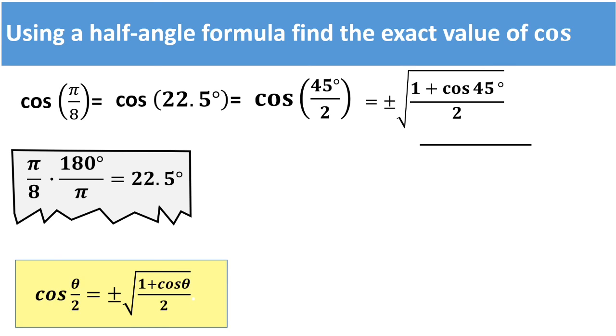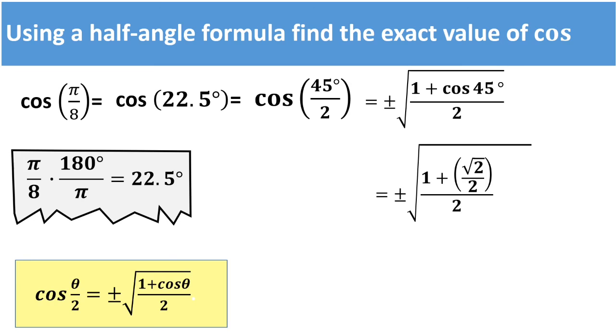Using the unit circle, we will evaluate the cosine of 45 degrees. To find the answer to cosine of 45 degrees, you go to 45 degrees and use the x-coordinate. Our current answer is a fraction within a fraction.